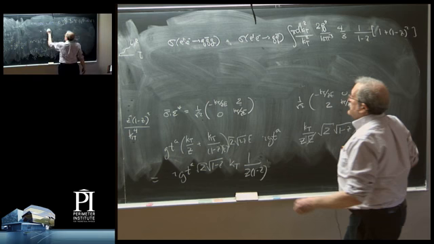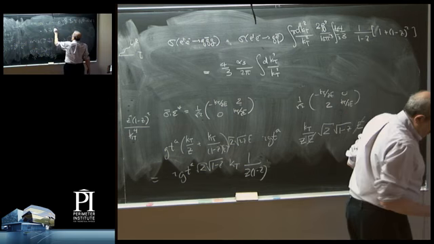4/3 alpha s over 2 pi, the integral dkt squared over kt squared. Oh, I'm sorry, I left out an integral dz over z.